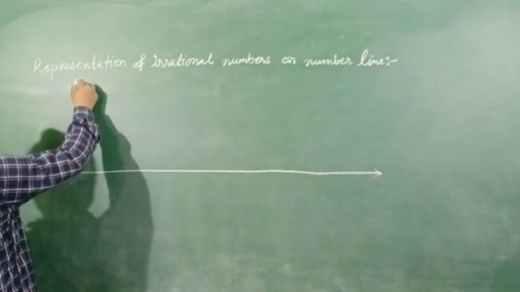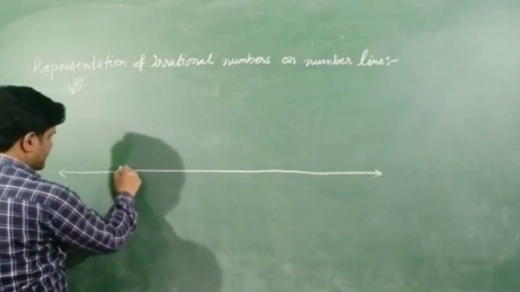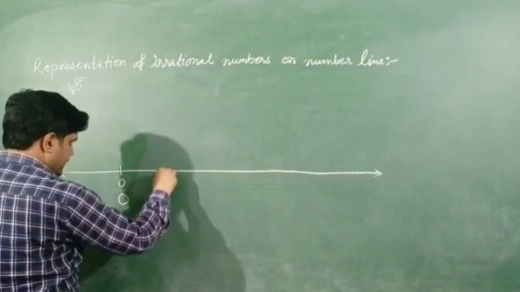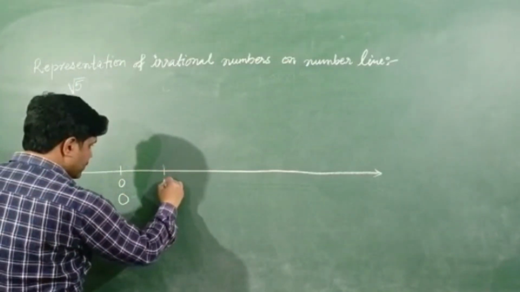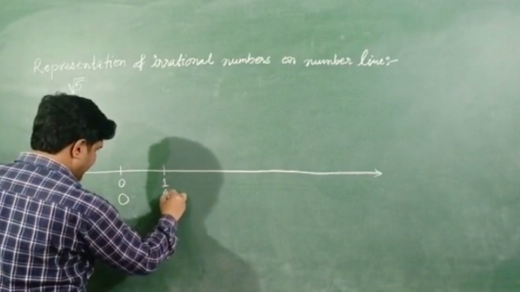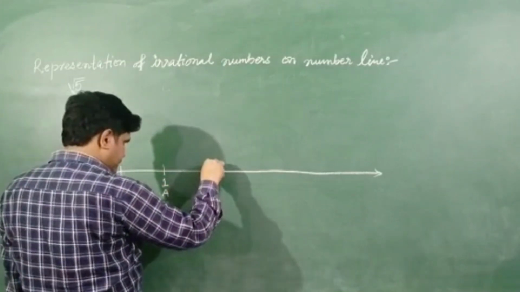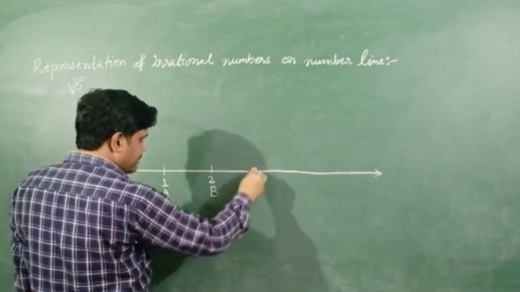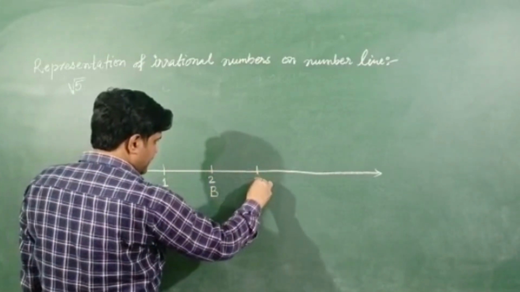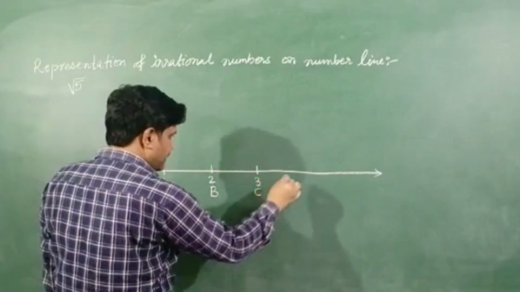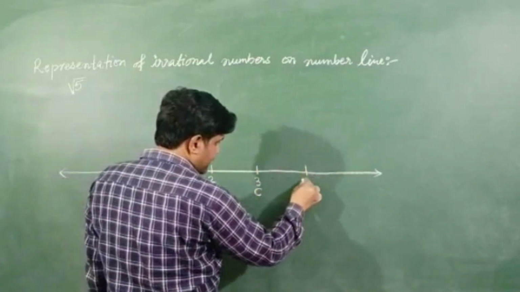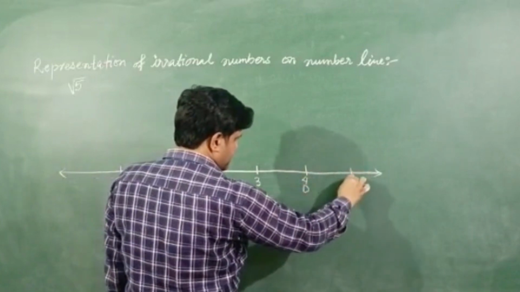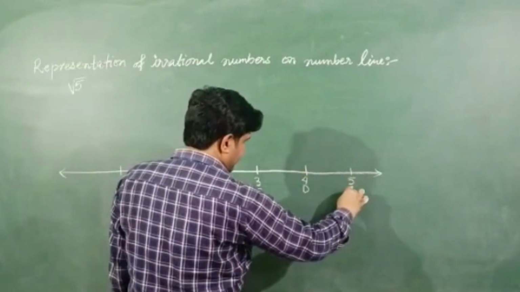So let's mark it as 0 and name it O. Take the unit distance as 1 and name it A. Another unit distance, let it be 2, and name it B. Take another unit distance as 3, name it C. Another unit distance 4, name it D. And another unit distance 5, name it E.